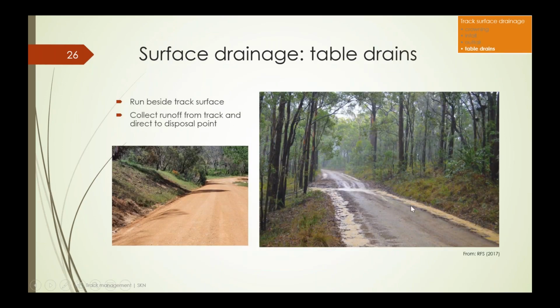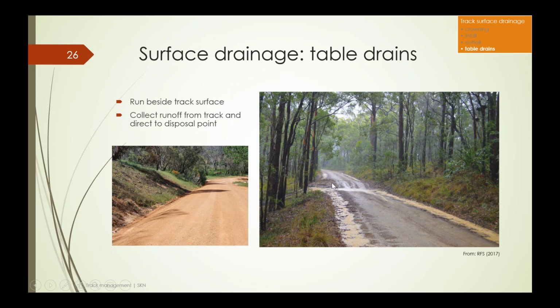On a more major road, a built road, we have table drains, and you can see here we've got the drain running either side, carrying the runoff that's been shed from the built up area of the road. The water runs beside our track surface and then collects at some point and is directed off the road and out onto the forest floor.